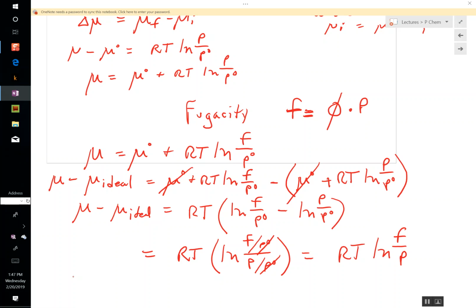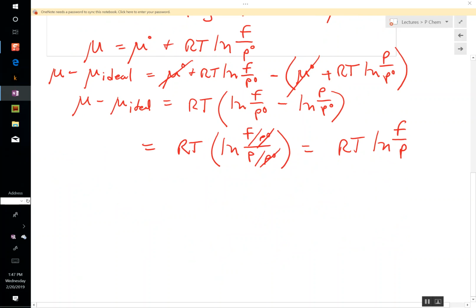That equals the change in mu, mu minus mu ideal. And so you end up with this being, remember, F equals phi times pressure, so F over P equals phi. Right? So that's how I'm going there.